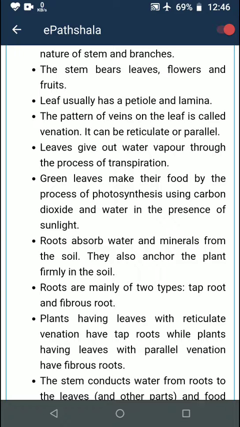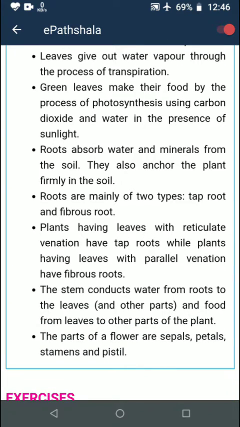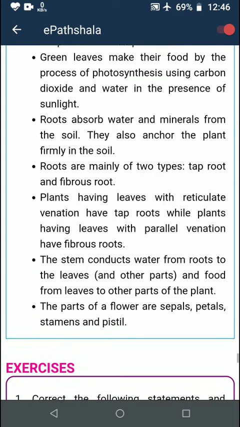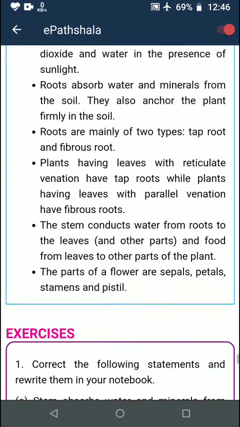The pattern of veins on the leaf is called venation. It can be reticulate or parallel. Leaves give out water vapor through the process of transpiration. Green leaves make their food by the process of photosynthesis using carbon dioxide and water in the presence of sunlight.